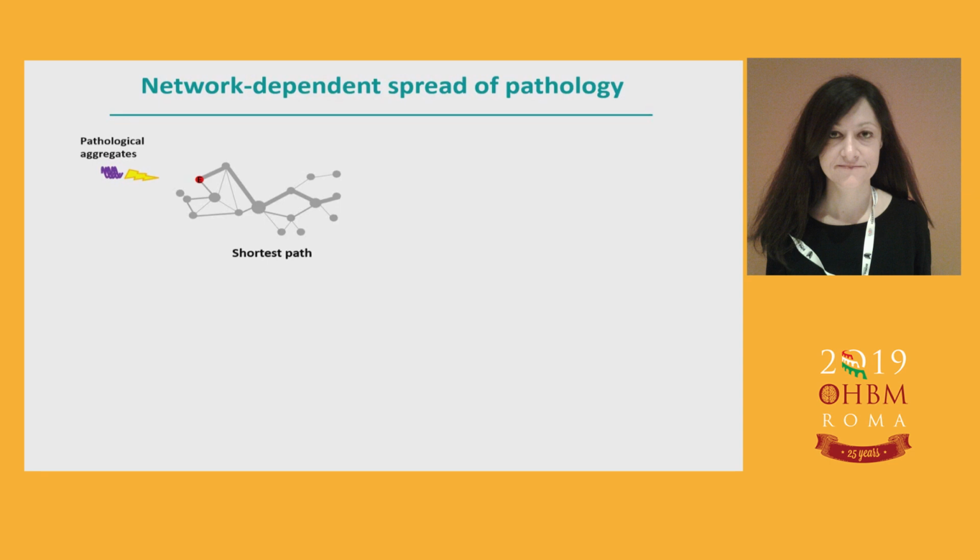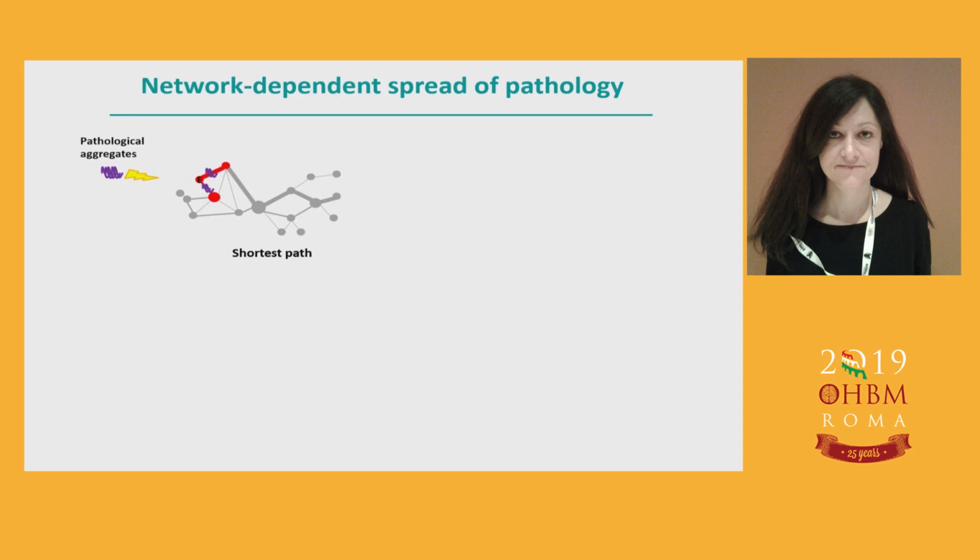The idea is that pathological proteins, which, as I told you, accumulate in the brain of these patients, are able to move from one region of the brain, which is the epicenter of the disease, to other regions, using white matter tracts and connectivity as the way to move from one region to the other.